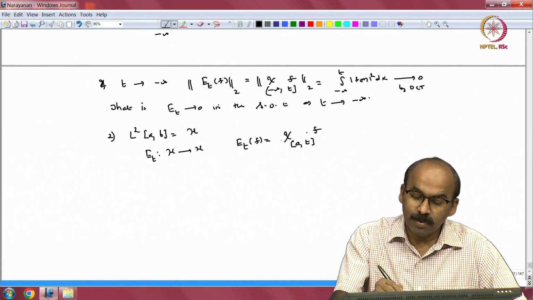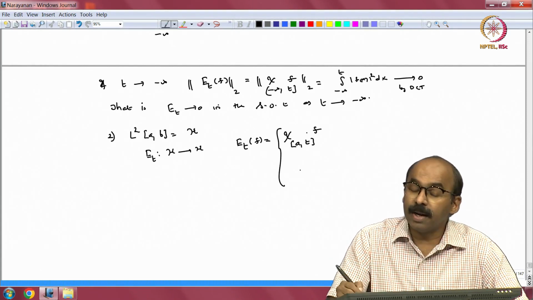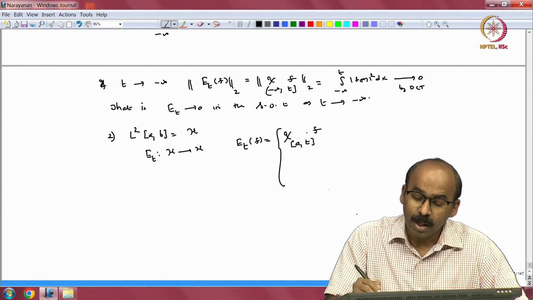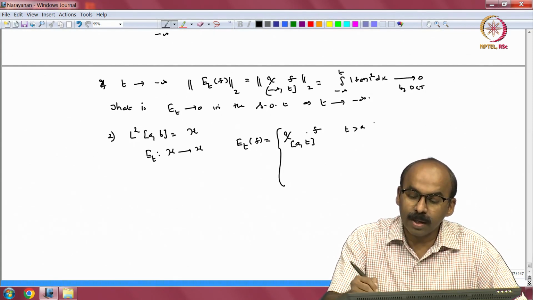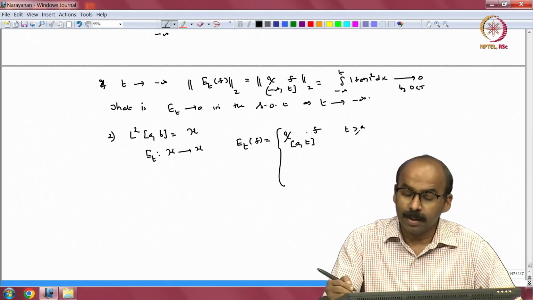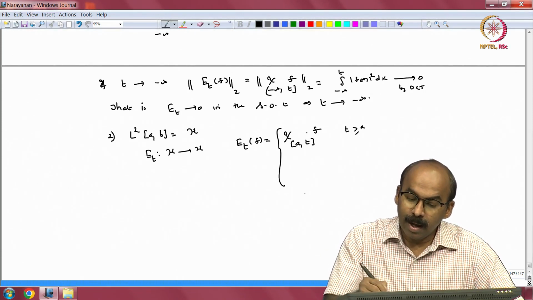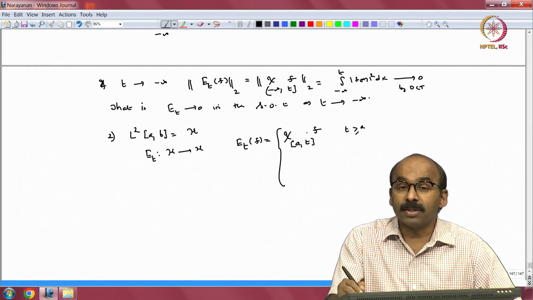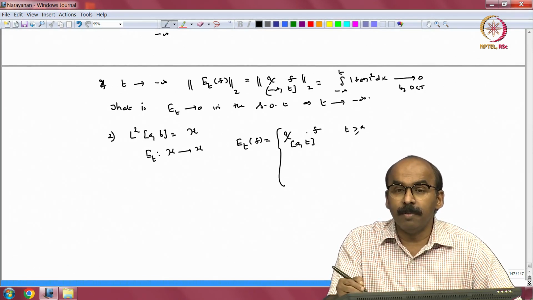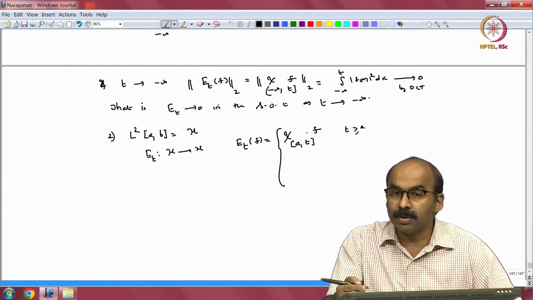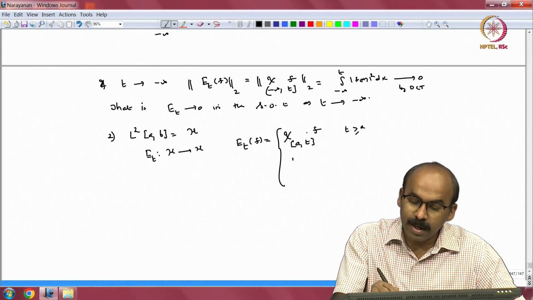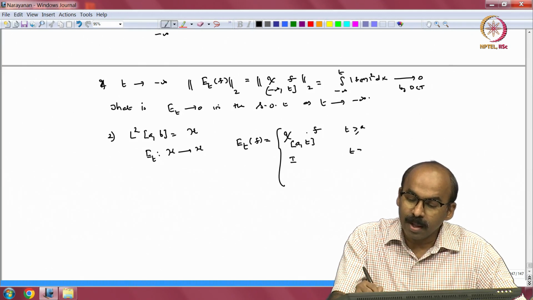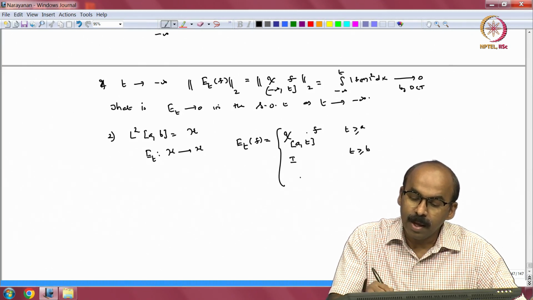But this will make sense only if t is greater than or equal to a and less than b. Once it crosses b, it is the indicator of [a,b], which is 1, and that will be the constant function 1 as far as our Hilbert space is concerned. So it is identity for t greater than or equal to b and 0 for t less than a.